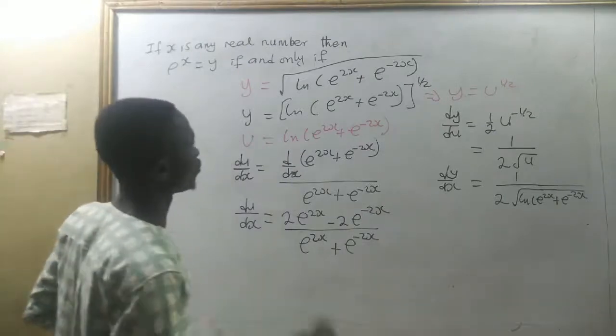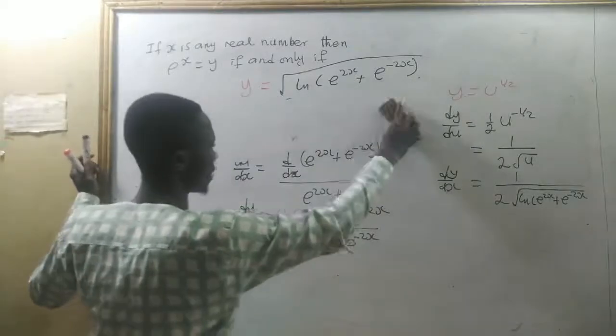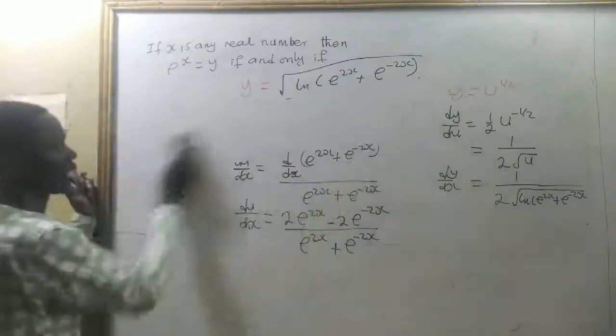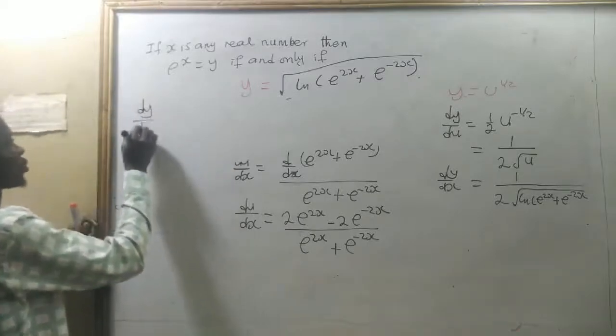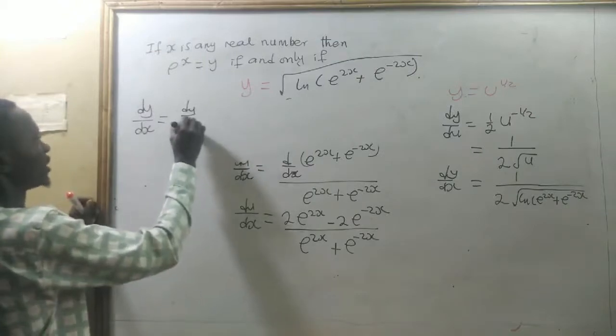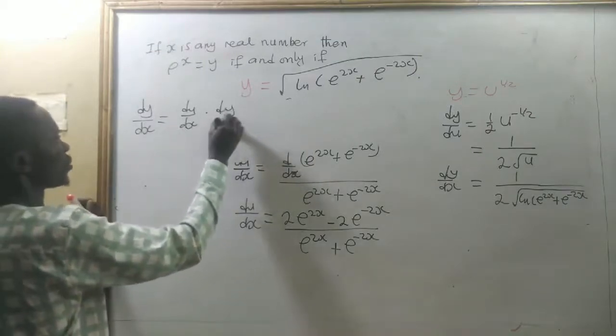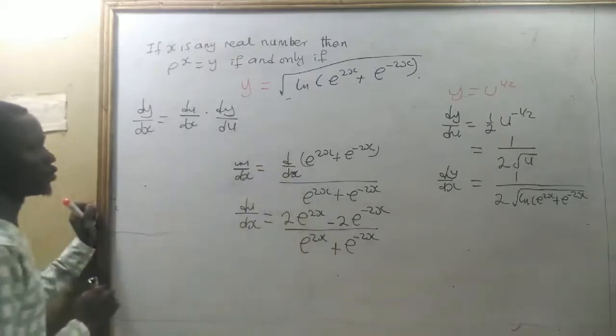Now, we have to find the derivative of y with respect to x. So I think we can write it here. The derivative of y with respect to x will be equal to du/dx times dy/du. So let's do that.